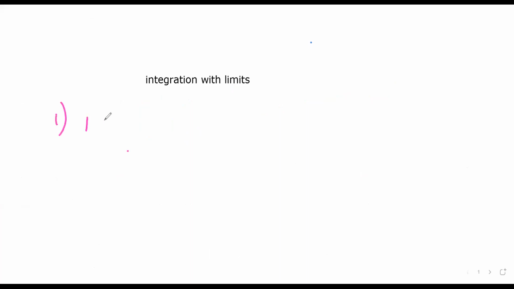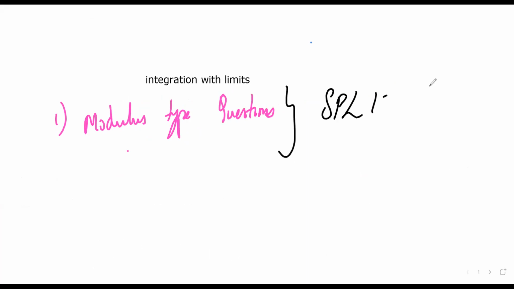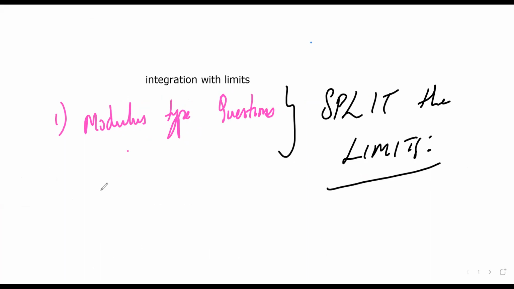First one, for the modulus type questions, we have to split the limits. Suppose the limit is given as -1 to 2 and it is modulus.